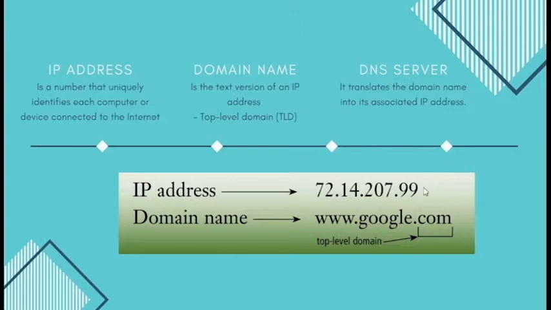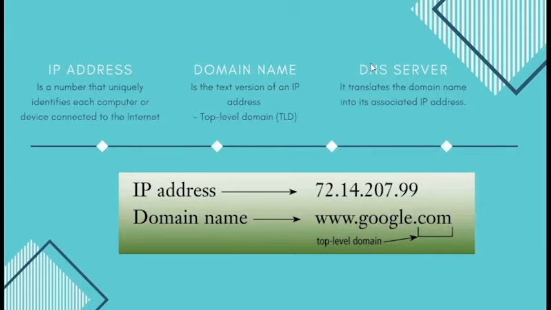As you can see below, this is an example of an IP address. And then domain name. It's the text version of an IP address. This is an example of a domain name, www.google.com, with its top level domain.